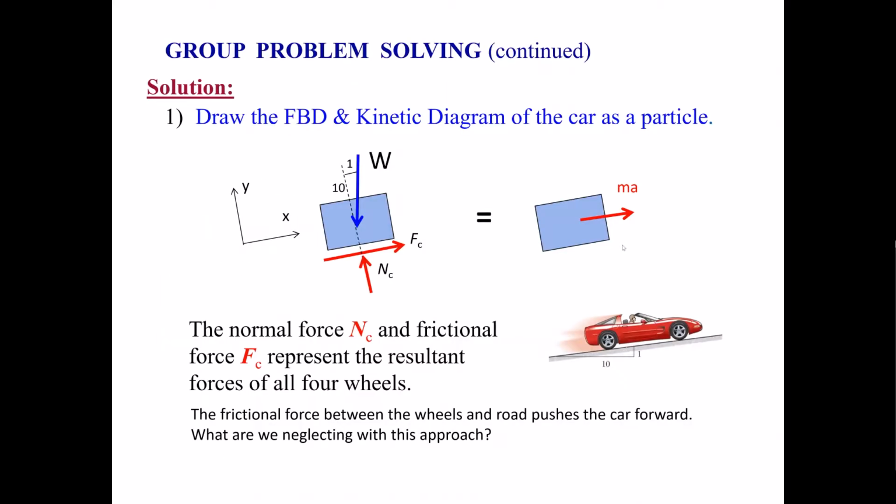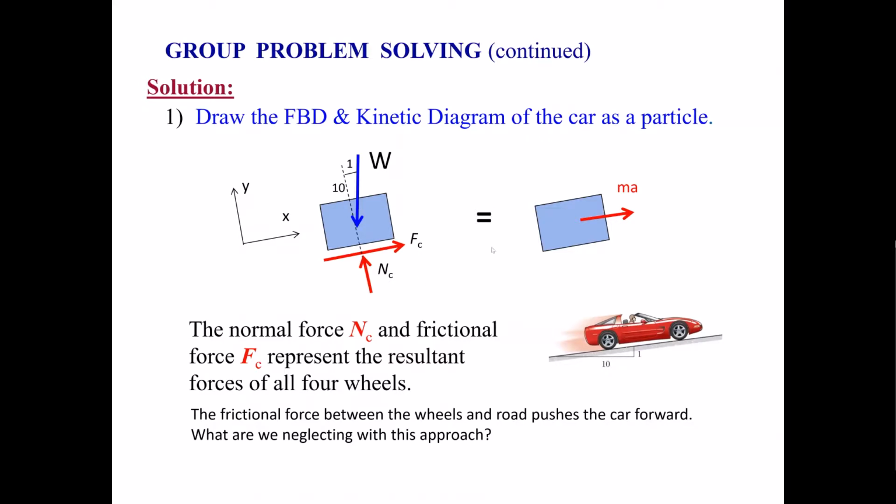Okay, so the first part is going through and drawing the free body diagram, and then from that, we get our kinetic diagram. So what are the forces that we have? We have a constant force going off to the right on the wheels, forces on all four wheels. We have a normal force and we have the weight.